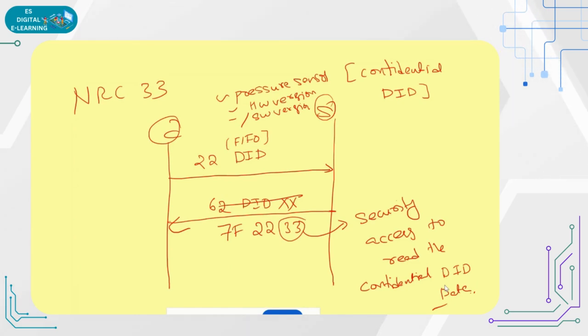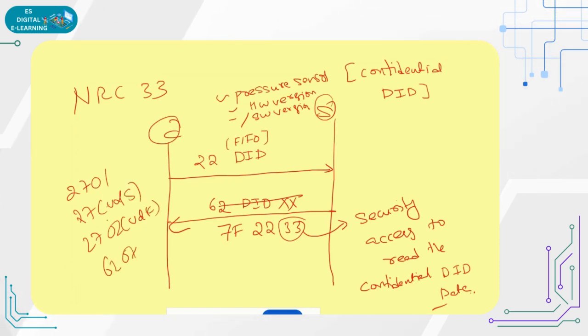It's clear, right? NRC 33. So when we are getting it, we need to unlock the ECUs with the help of 2701. You need to get the valid seed and give the valid key. Then you'll get a positive response, and you got the security access.